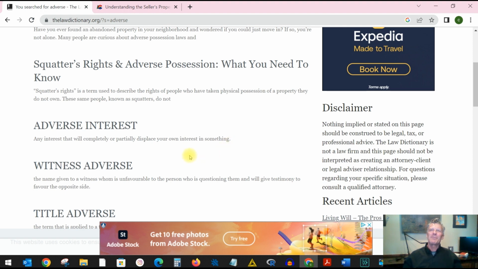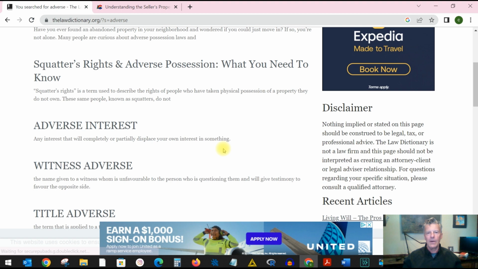All right, let's try to break this down. Your interest in something, what do you think that might be? The house and anything that affects it. Fair enough? That's not legal advice, right? Any interest that will completely or partially displace your own interest in something.